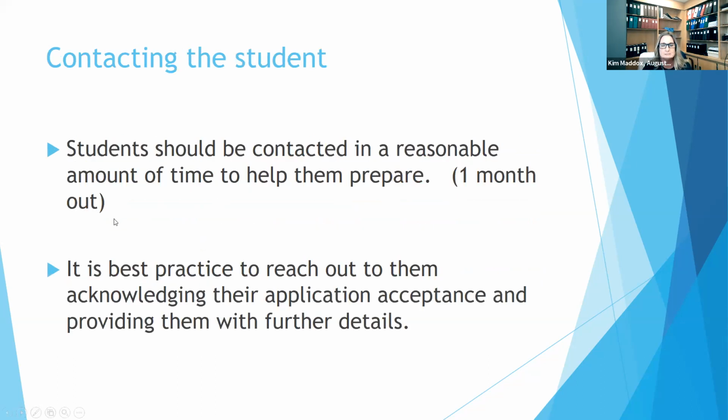To me, I contact the students a month out. I feel like if they're coming to a strange city, or an institution they're not familiar with, it helps. After the actual application is accepted in VSLO, I just send out an email to them acknowledging their acceptance and providing them further details about the rotation.